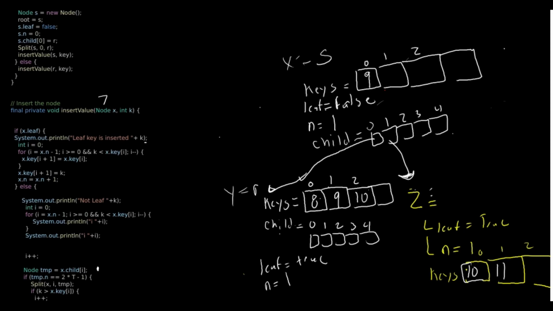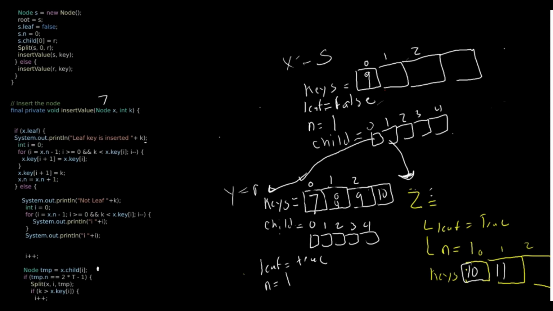And it's just the same process as before. All right. 7 is now insert value. We recursively called insert value. And now we reach the leaf node where 7 fits in.